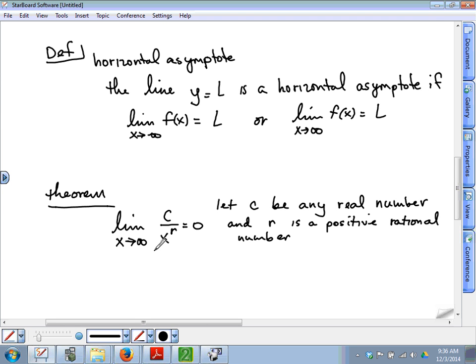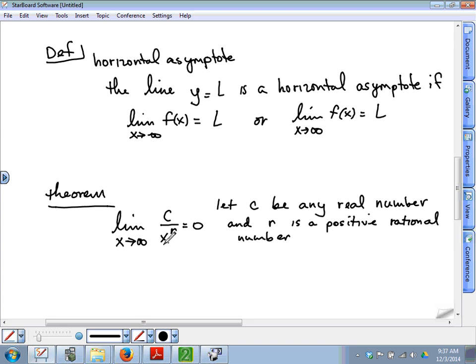Okay. Another way you could think about this if you wanted to, you don't have to think about it this way, but as you start to plug in larger and larger values of x, because x is approaching infinity, right? What's going to happen to this value down here? This is going to get bigger and bigger and bigger. Much, much bigger, but c is going to remain constant.